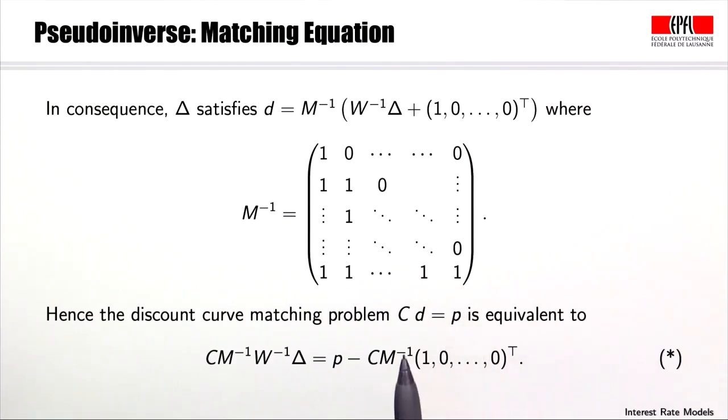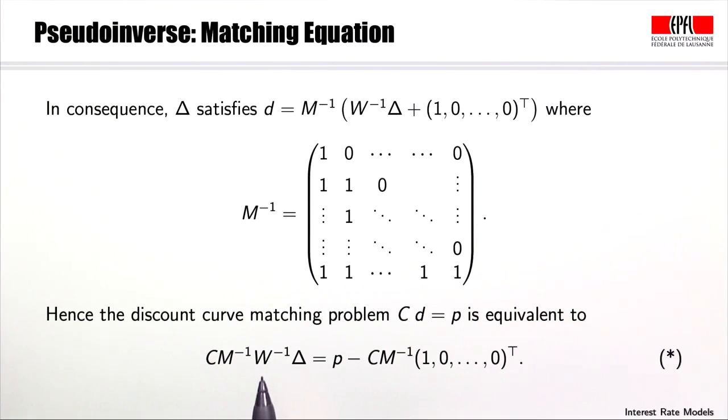We can thus reformulate and restate the linear matching problem as this linear system here, which is now an equation for the vector delta. Remember that market data gives us the cash flow matrix C. M is an auxiliary explicitly given matrix.